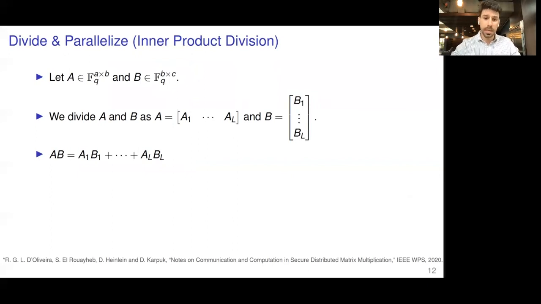To realistically speed up the computational time, it is necessary to consider a more general version of this problem, which starts with 2 matrices, A and B, divided into L smaller ones, denoted by Ai and Bi, in a way that the product is the sum of the products Ai Bi. Therefore, each server will perform the multiplication of 2 matrices in smaller dimensions.